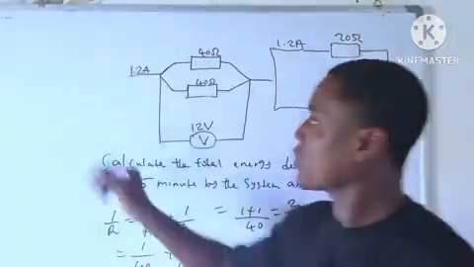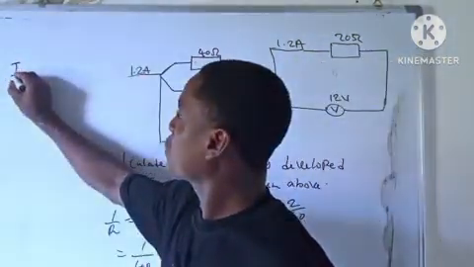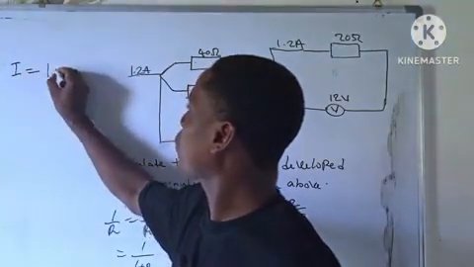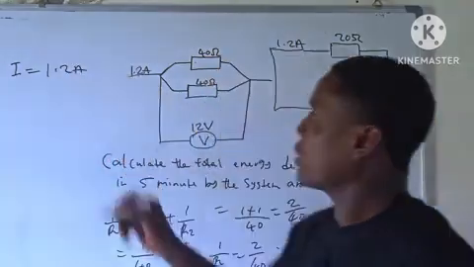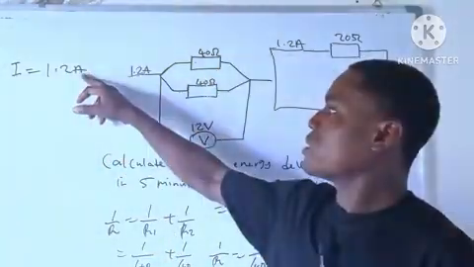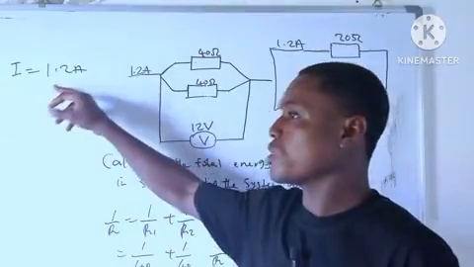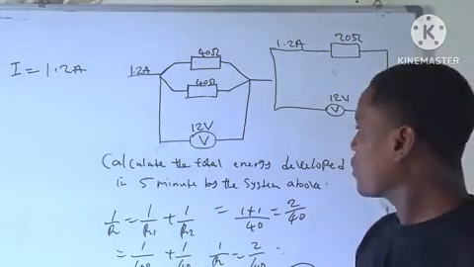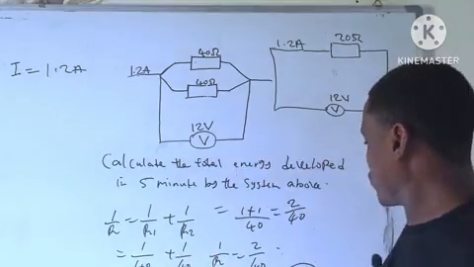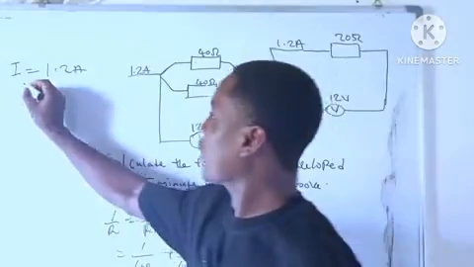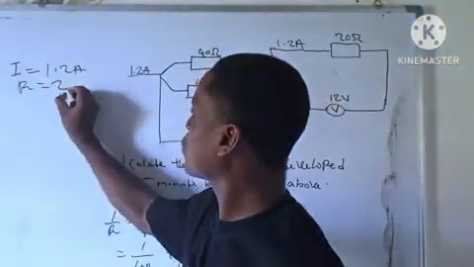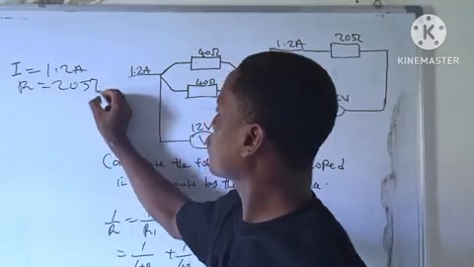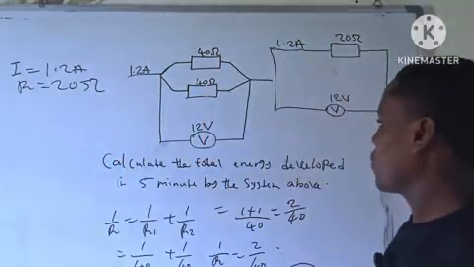This is current, right? We are given current equal to 1.2A. This A stands for ampere, which is the unit of current. Here, now we are given resistance, right? Which is R equal to 20 ohm.